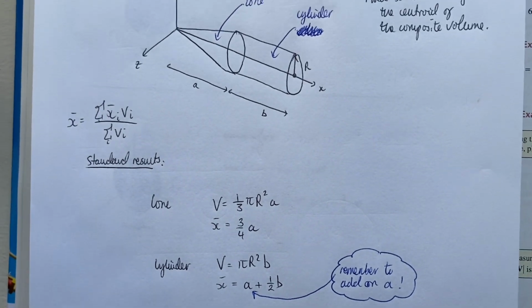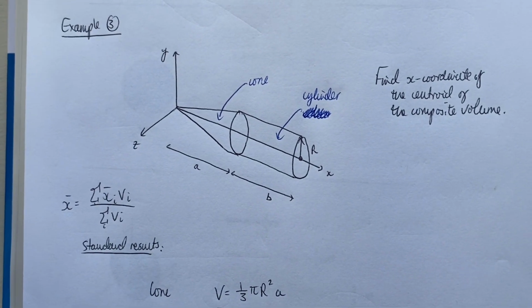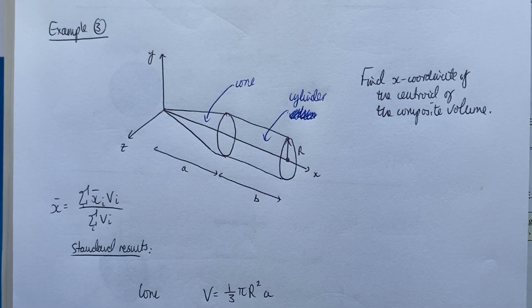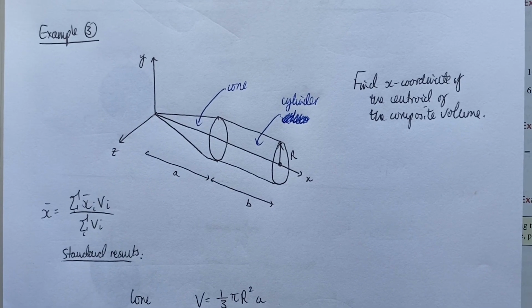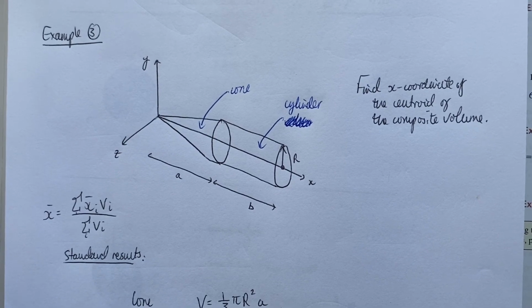So all of this stuff will be on the formula sheet should you need it in an exam. So all we're focusing on here really is the application of these formulas and how to use them.